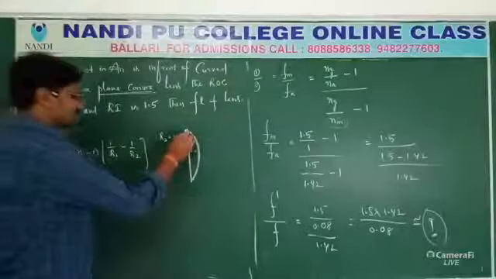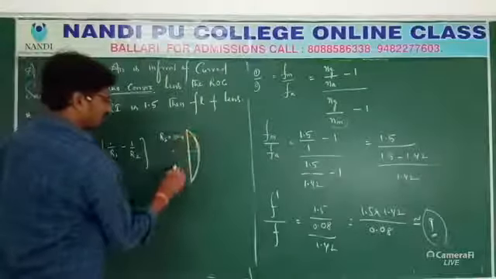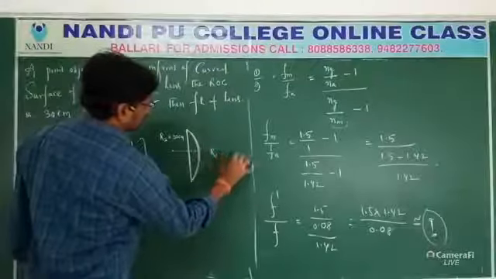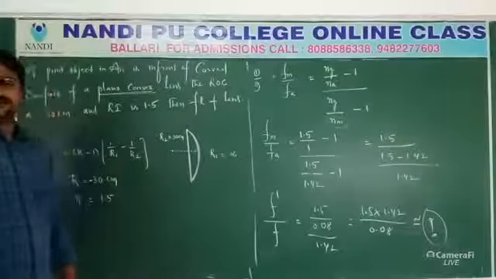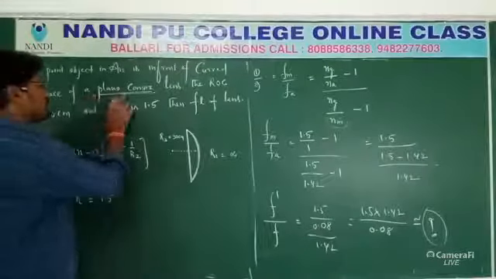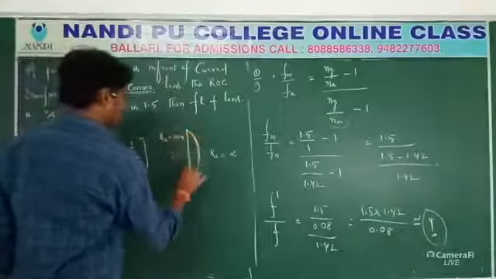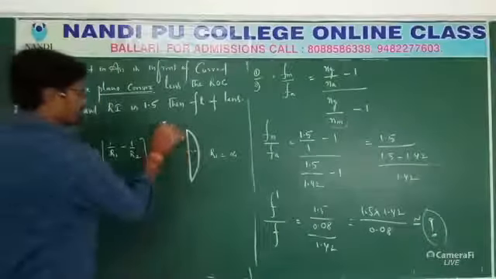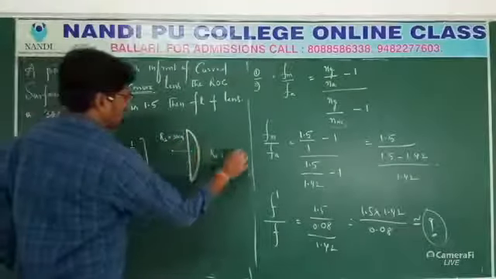Next, what is about R1? For the plane part, R1 is infinity. Radius of curvature of a plane surface is always infinity. Plano-convex: one is plane, another one is convex. This is important. What are the R1 and R2 values?